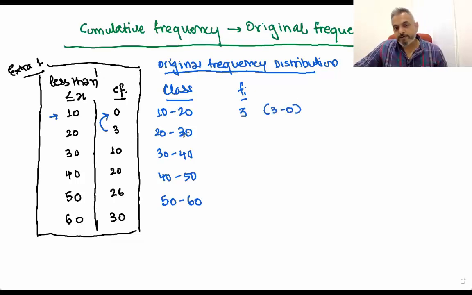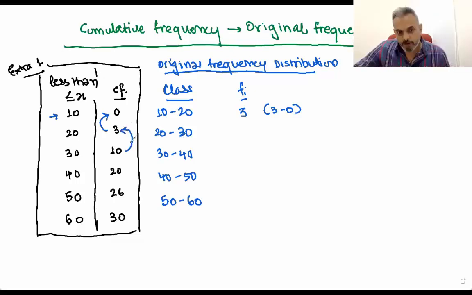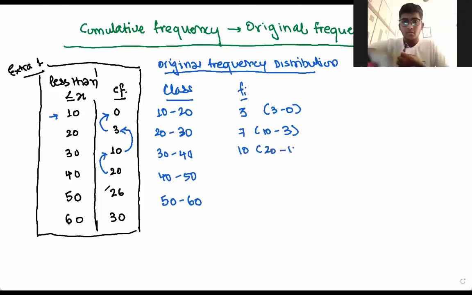Then 20 to 30 is 7. Yes, highest minus lowest, or previous one, you have to keep subtracting. So this is 7, 10 minus 3. Then 20 minus 10, which is 10.